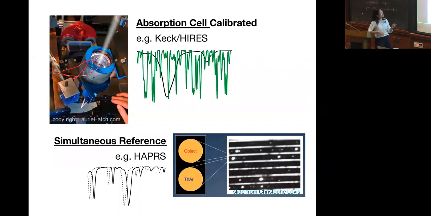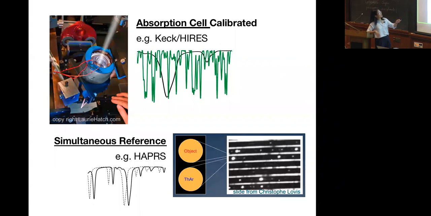So one example of the absorption cell calibrated spectrograph, which you probably have heard of, is the CARET. CARET is more or less a general purpose spectrograph, but you can put an iodine cell in, and your light passes through the iodine cell here. This is actually from Lake Hamilton, one of the first iodine calibrated spectrographs, and then it hits your slit and enters the spectrograph.